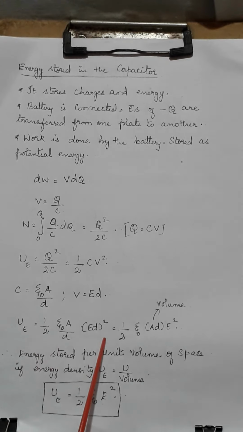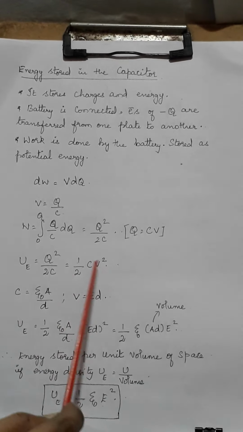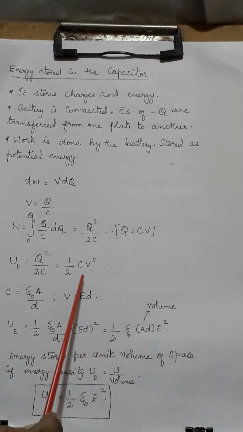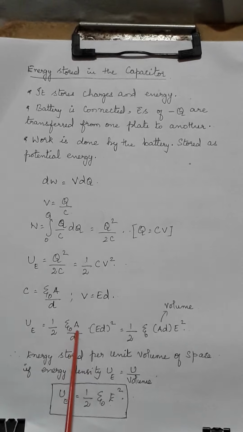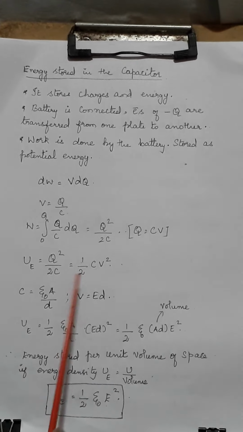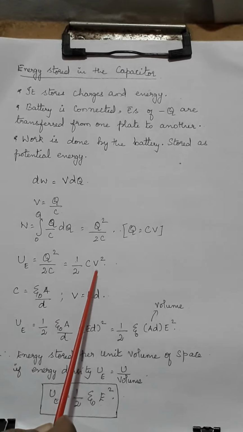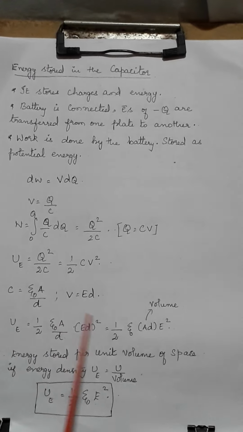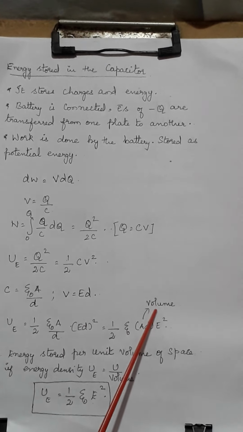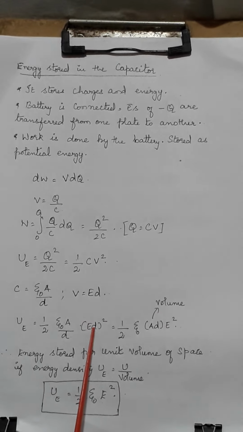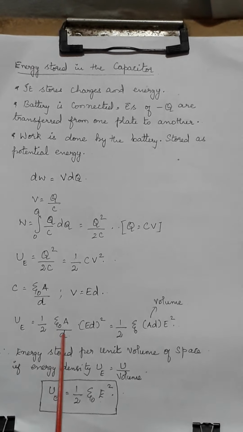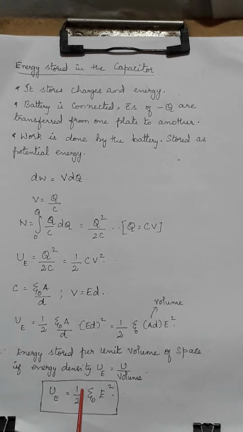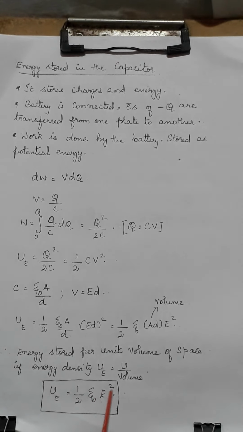In this place, V is written as E D whole square, and C is written as epsilon naught A by D. In place of C I have written this, in place of V I have written E into D. So this A into D is nothing but volume, and one D and one D get cancelled, which is there in the denominator. So at last you get energy per unit volume equal to half epsilon naught E square.